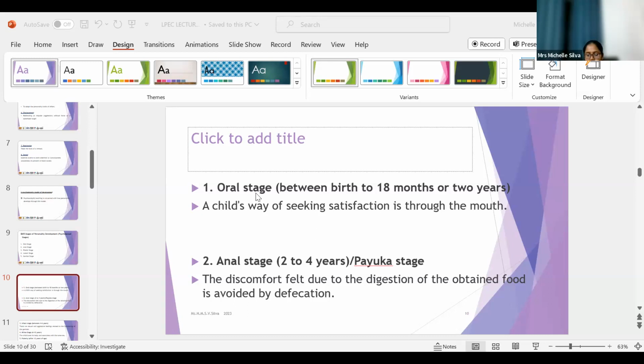First one is, we can teach toilet training.